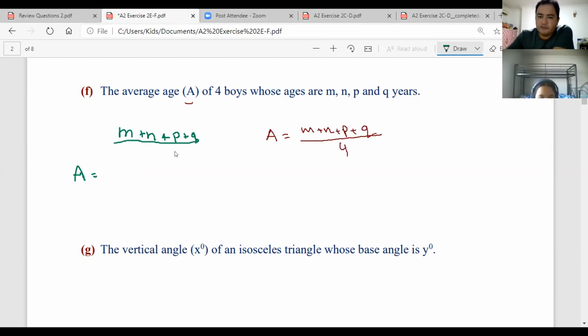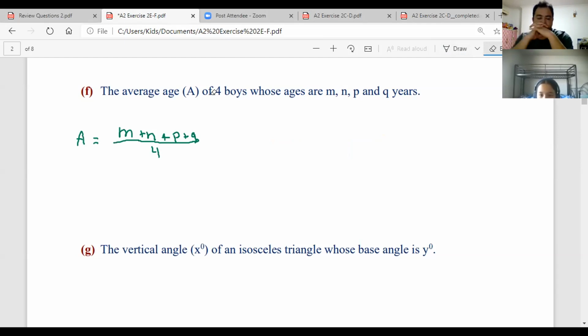That's what I did, divided by 4. Can you write capital A there? Yeah, equals. That's it. I just forgot. Okay, that's good.